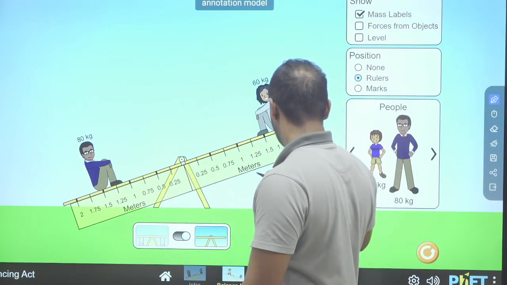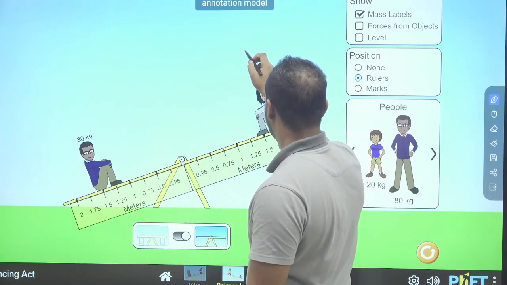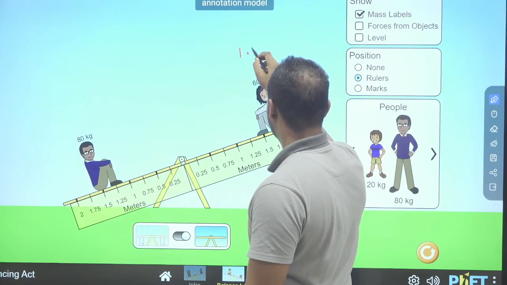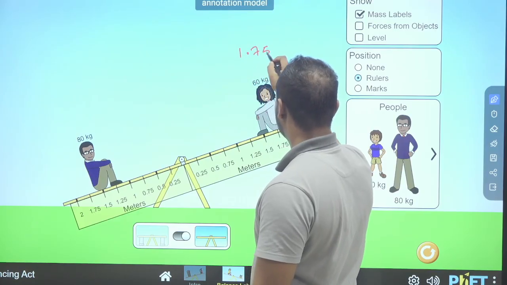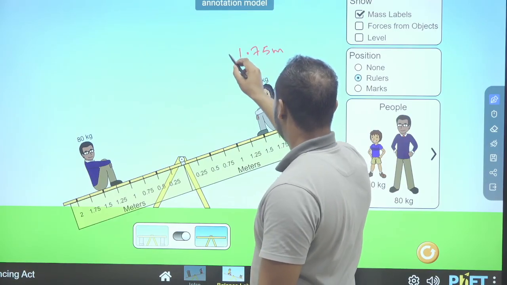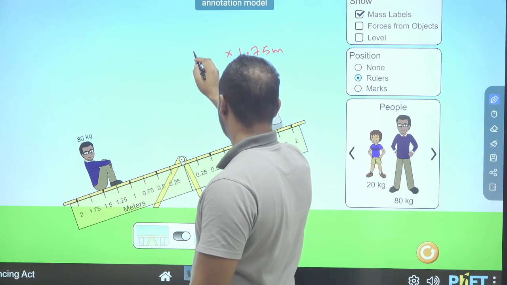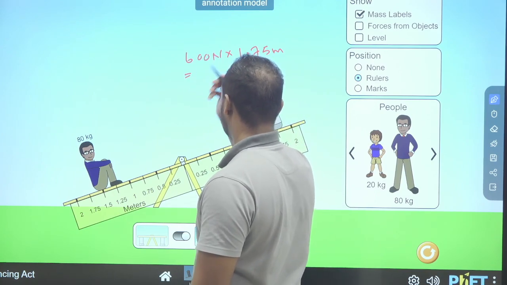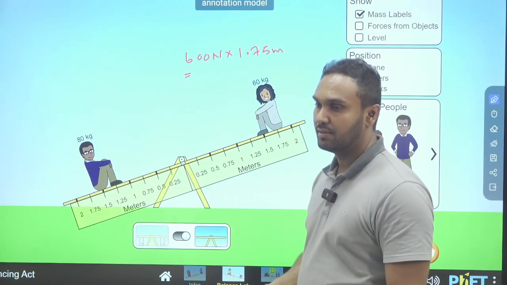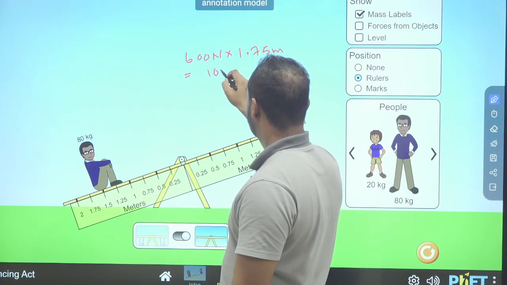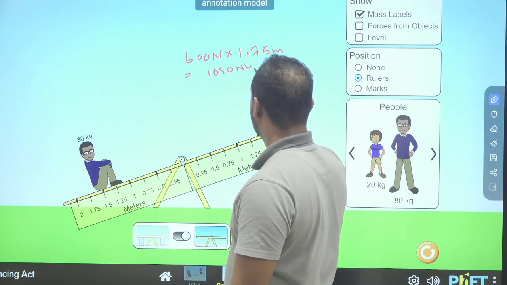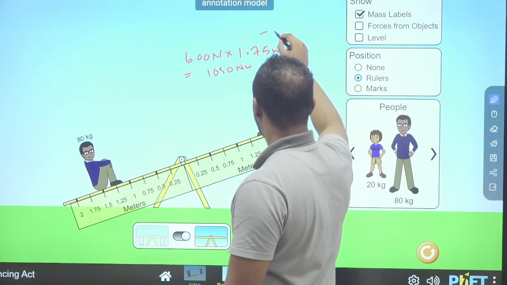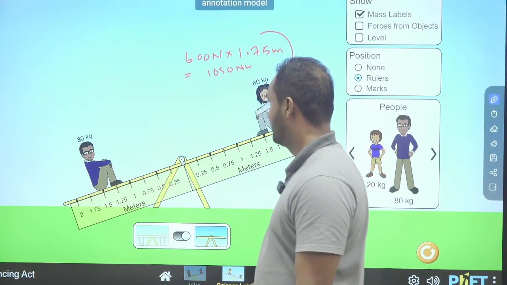So here the torque will be 1.75 meters, and the newton is how much? 600 newtons, and the torque is 1050 newton meters, right? Towards where? Clockwise direction.